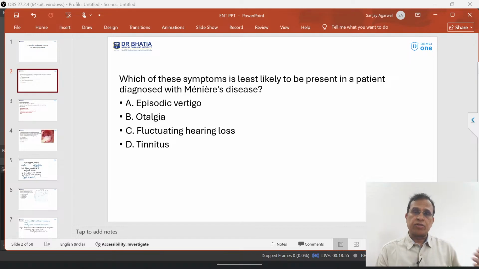This is a very direct question about Meniere's disease, and pretty simple in most cases. So what is your answer this time? Which of these symptoms is least likely to be present? Is it episodic vertigo, otalgia, fluctuating hearing loss, or tinnitus?